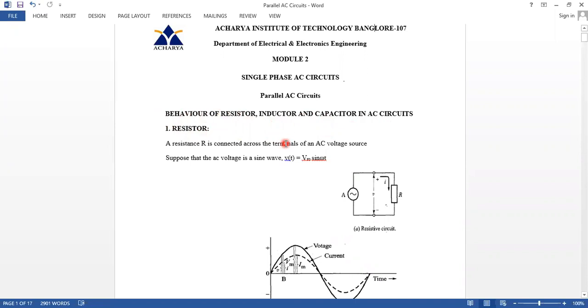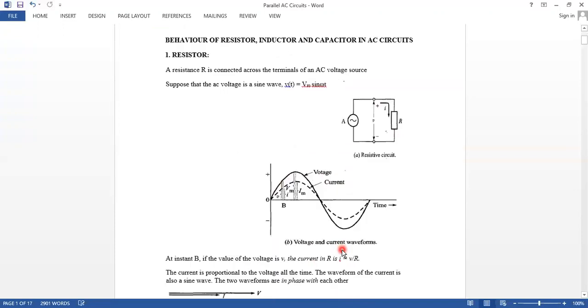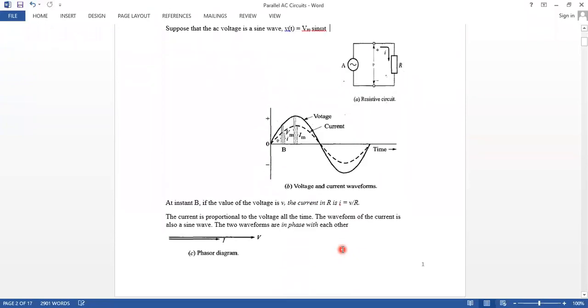Coming to the resistor: when a resistor is connected across the AC voltage source, say V is equal to Vm sin omega t, and let I be the current flowing through the resistor, the voltage across the resistor is given by I into R, and the current is nothing but V by R. If we write it in the form of the waveform, both voltage and current are in phase.